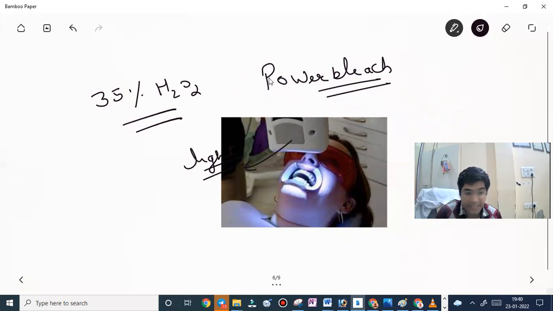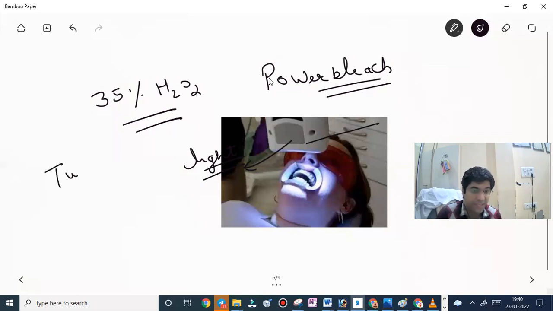So in this technique, the high intensity light, which was used as a heat source, is replaced by conventional halogen light, plasma arc lamps, etc. So what are the light sources we can use?